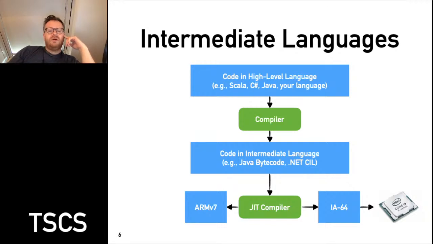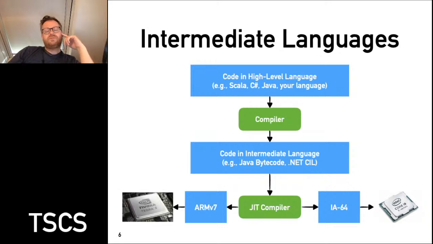The JIT compiler does that for you. So you basically do the compilation on the client machine itself. Of course, this takes some time, but you only need to do it once per program, and then you can reuse it and do all sorts of optimizations to it also. That's pretty neat.